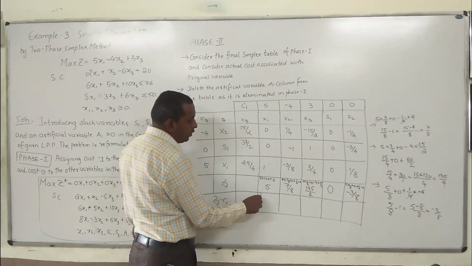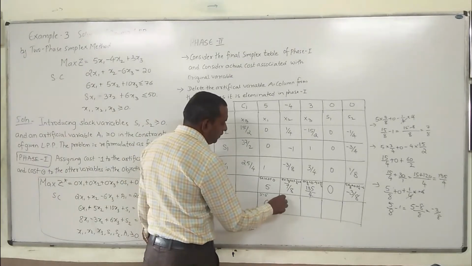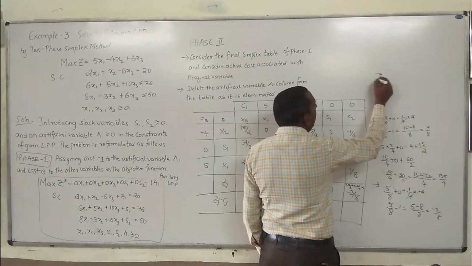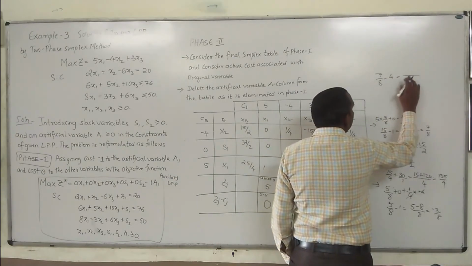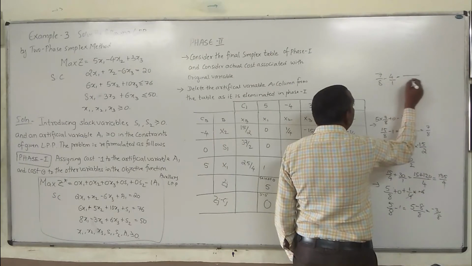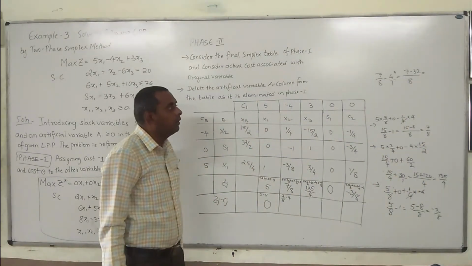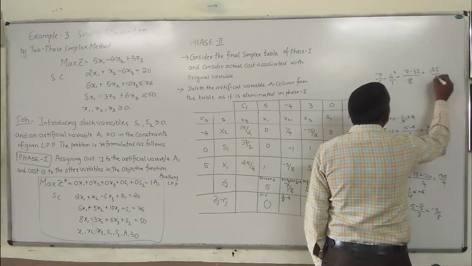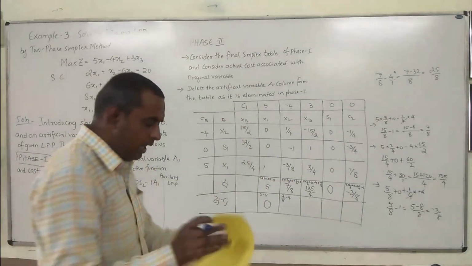Zj minus Cj is what? 5 minus 5. That is 0 here. Then it is 7 by 8 minus 4. How much is 7 by 8 minus 4? It is 8 times 4, that is 32. So 7 minus 32 is minus 25 divided by 8.